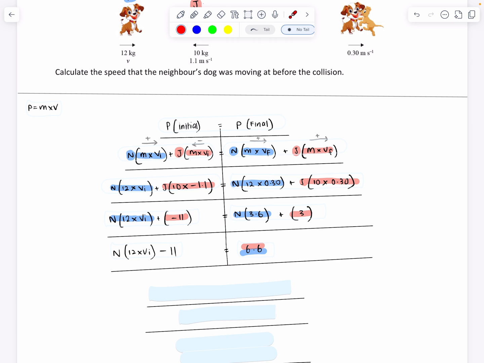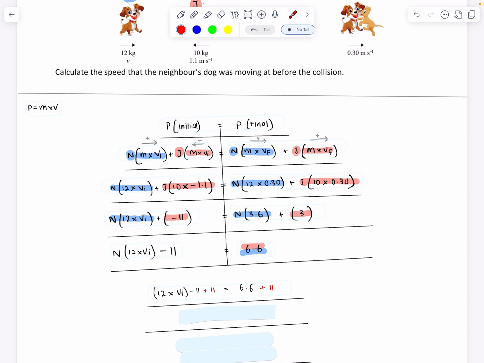So here we have it. This is the first line of working. We've got the neighbor's dog's momentum value, which I cannot simplify further, attached to a minus 11. The way I get rid of minus 11 is to do the opposite. So I plus it by itself and that gets rid of it. And so if I do that on one side, I have to do it to the other side.